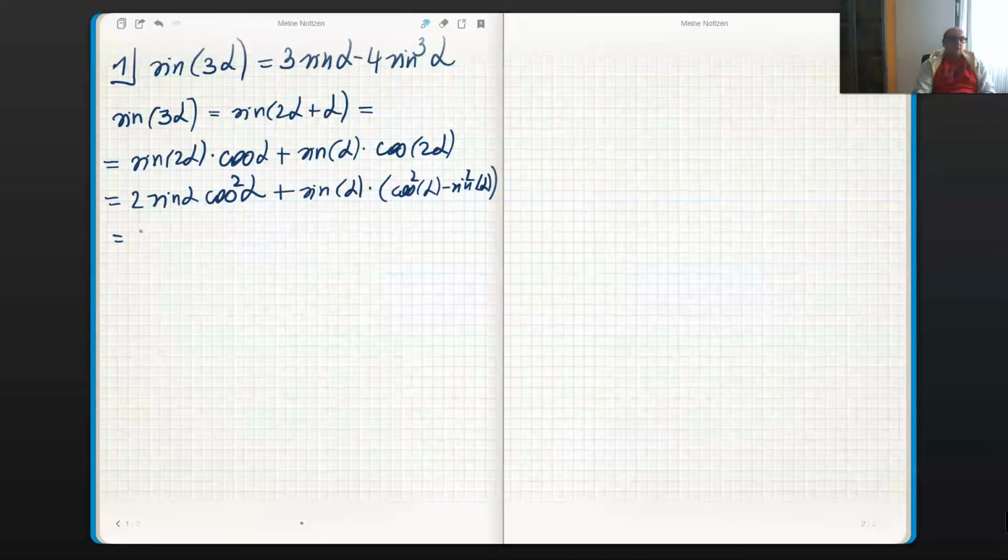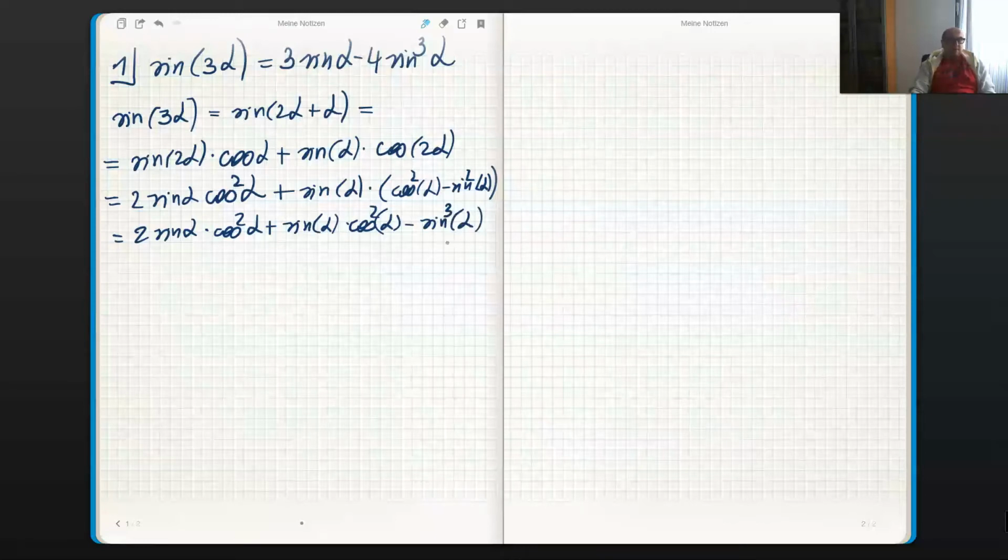So we are having, as you can see, 2 sine of alpha cosine squared of alpha plus sine of alpha cosine squared of alpha again, and then minus sine cubed of alpha.